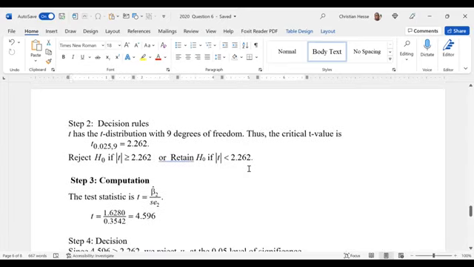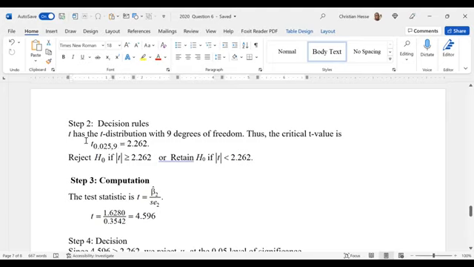Why is this place 0.025? Because it's a two-tailed test, so you divide the alpha by 2 for the t-test. For the F-test, it's straightforward, there's no two-tailed test, so you use 0.05. But for the t-test, we divide the alpha by 2, and that gives 0.025 and 9 degrees of freedom.